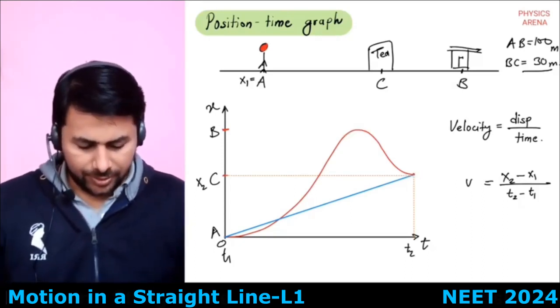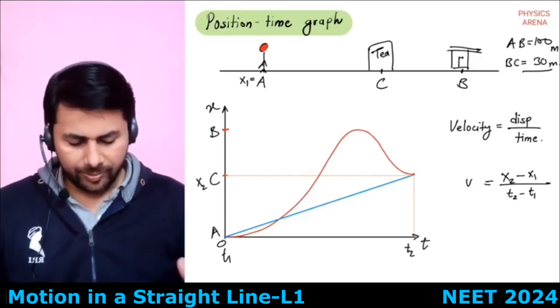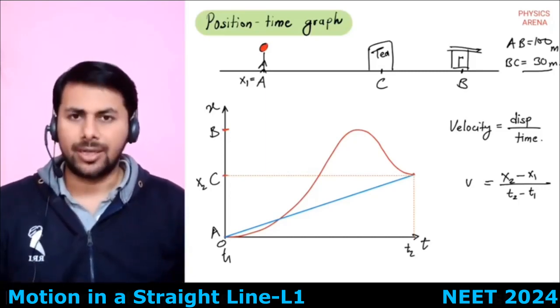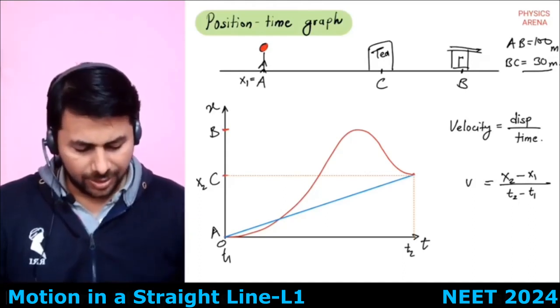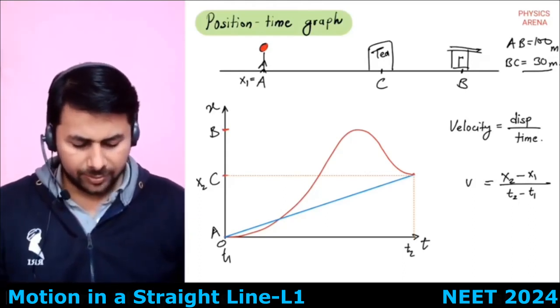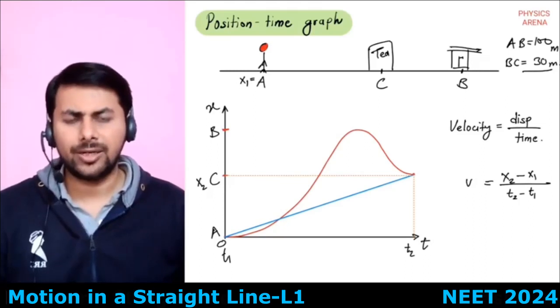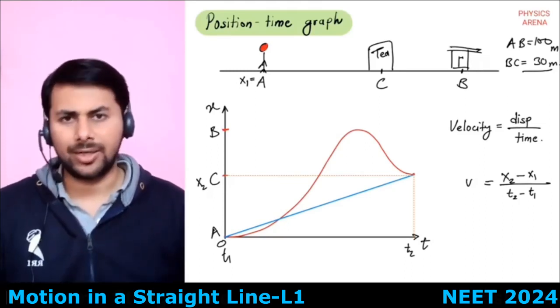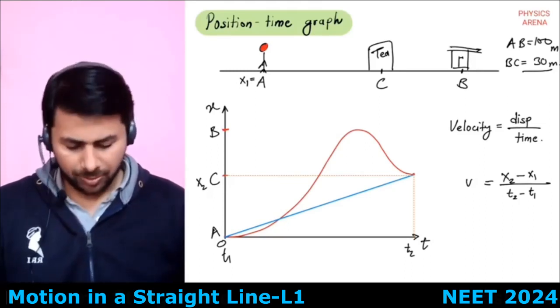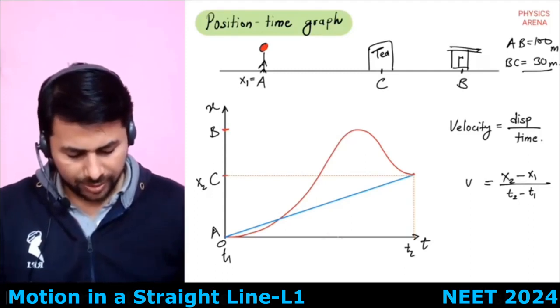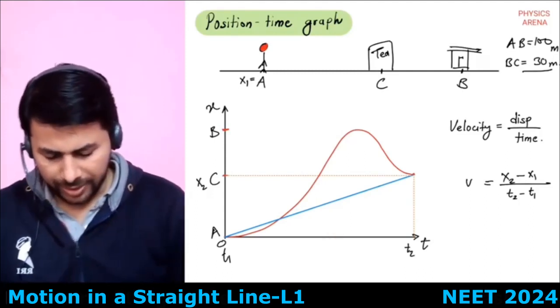Now we can find out some things from this graph. What are the things that we can find out? The first information that we get is the position at a particular time. Suppose I want to find out the position at this time. What will I do?